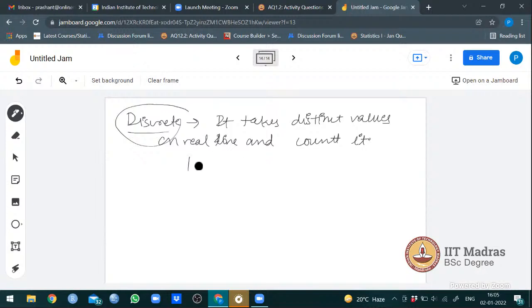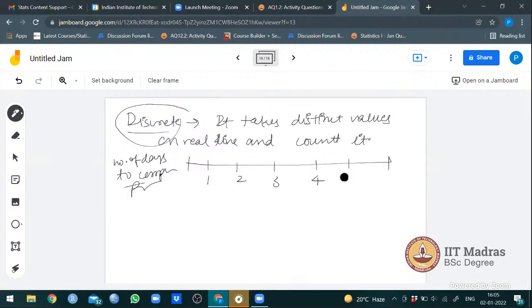Suppose I say the number of days to complete a project or assignment. It can be 1 day, 2 days, 3 days, 4 days, 5 days. So you can count it, and it takes distinct values on the real number line, so it will be a discrete variable.